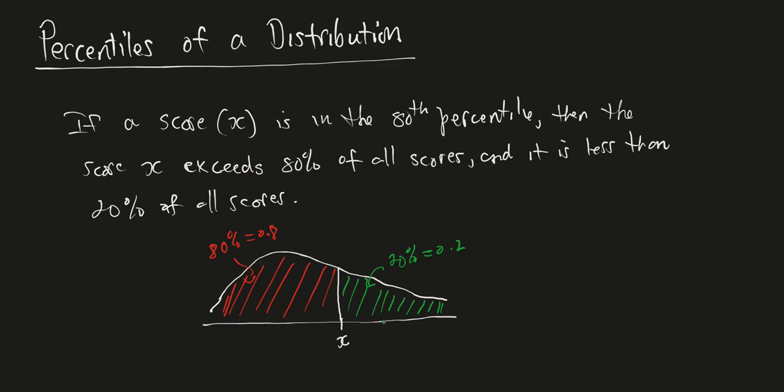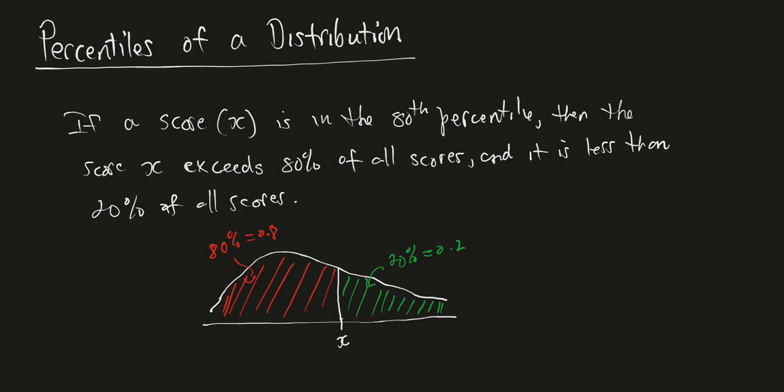So think of your sample space now, this entire interval. This specific x value will represent the 80th percentile if 80% of all the scores are less than it, and then 20% are greater than.